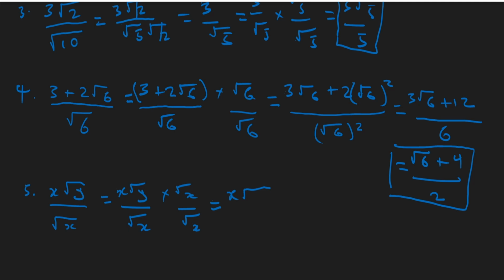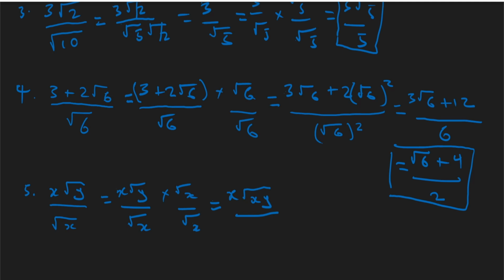In algebra, you normally put the first letter first, so x comes before y. So we have x square root of xy over root x times root x.